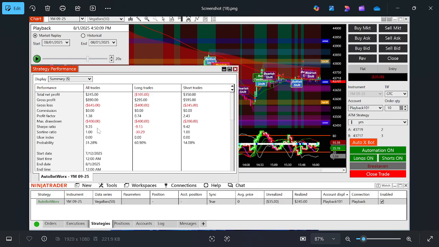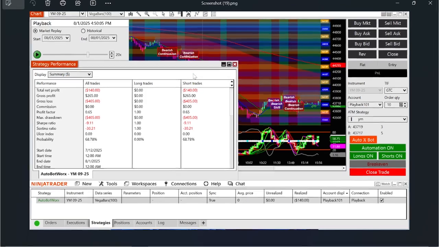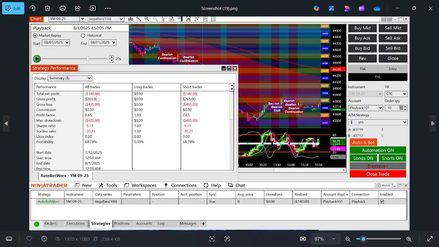So there just weren't enough trades showing up to get the kind of profit out of trading one mini that I would like to see on the 50. Okay. The 100 actually lost money.